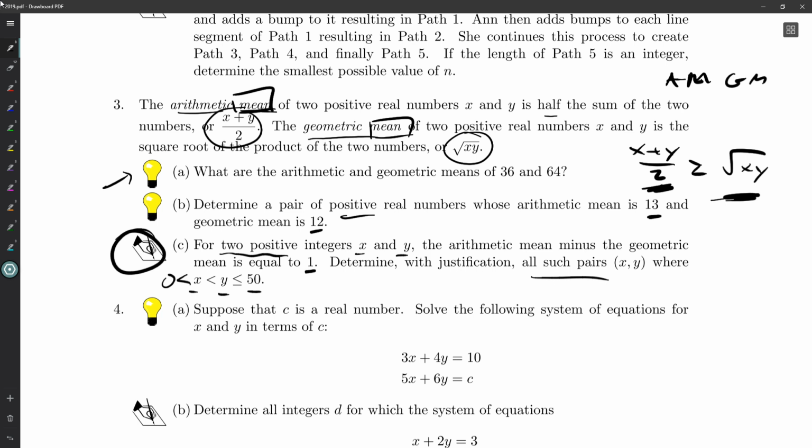Okay. Let's do something like that. Let A equal the arithmetic mean. Then we're told the geometric mean is 1 less than A. Okay?